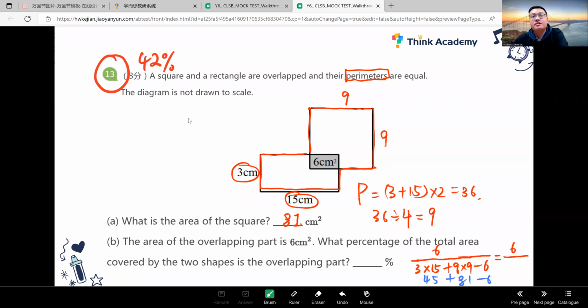So 45 plus 81 is 126, minus 6 is 120. So 6 over 120 is basically 1 over 20, and that is 5%, because 5 times 20 gives 100. So the answer will be 5%.